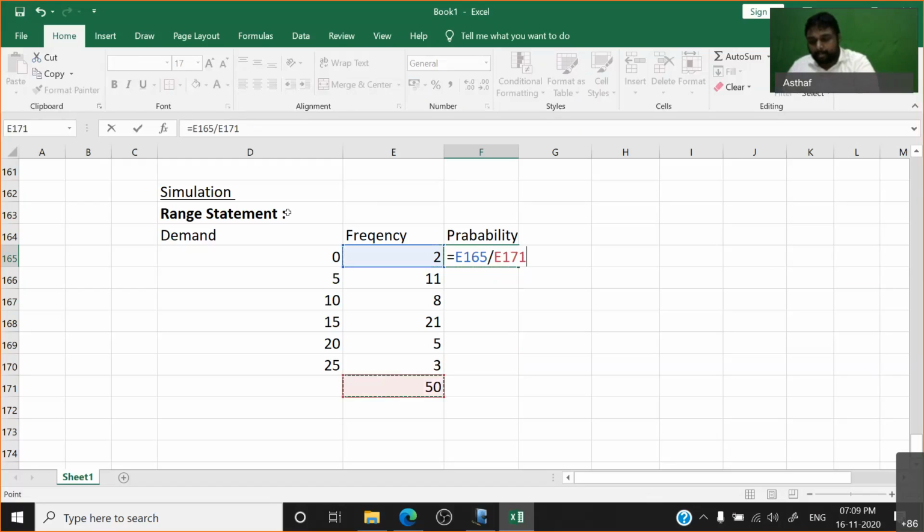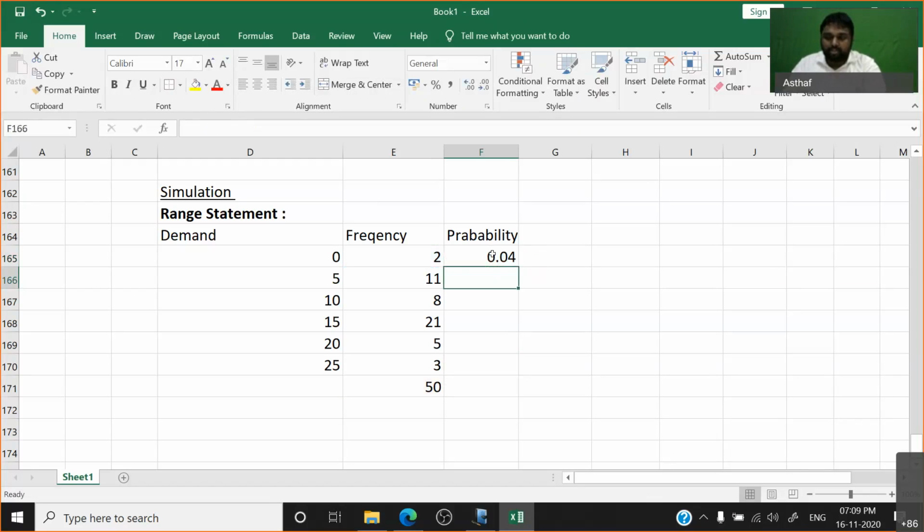See, look here. 0.04. This has to be done. This probability, mostly this probability will be given in the question. If probability is not given, from the frequency we have to take. So if you got the probability, the next step we have to do is called cumulative probability.